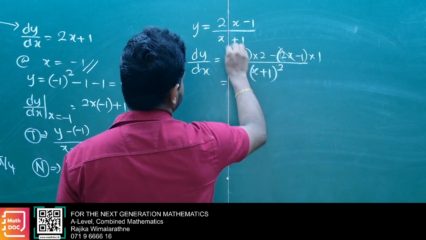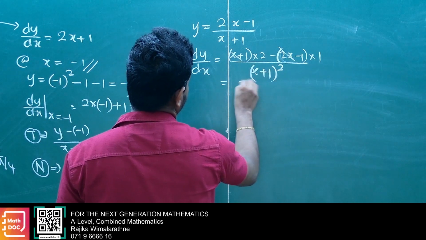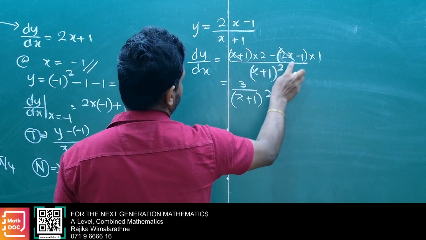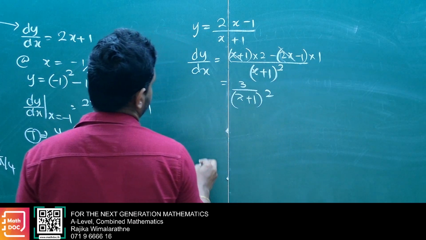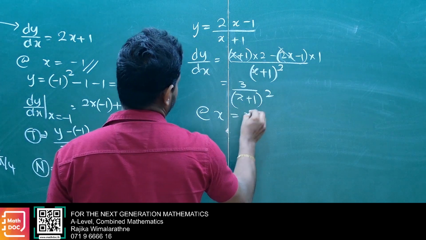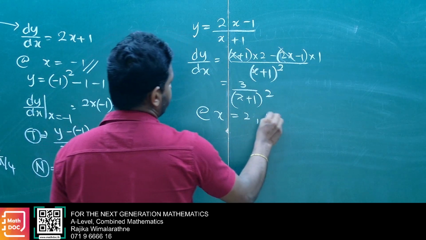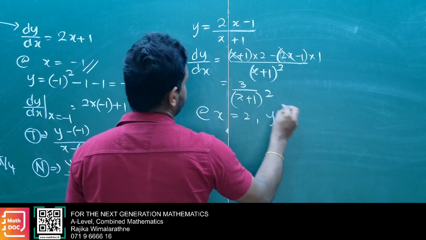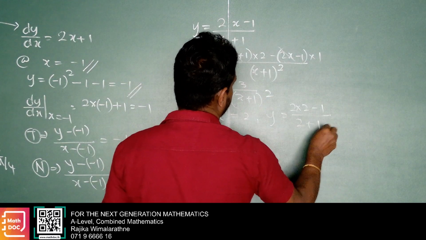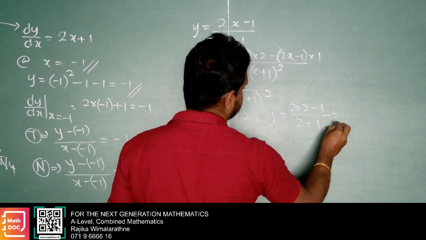Then 2x cancels, 2 plus 1 is 3. Then at x equals 2, the y value: put 2 here, 2 plus 1, 4 minus 1, 3 over 3, which is 1.